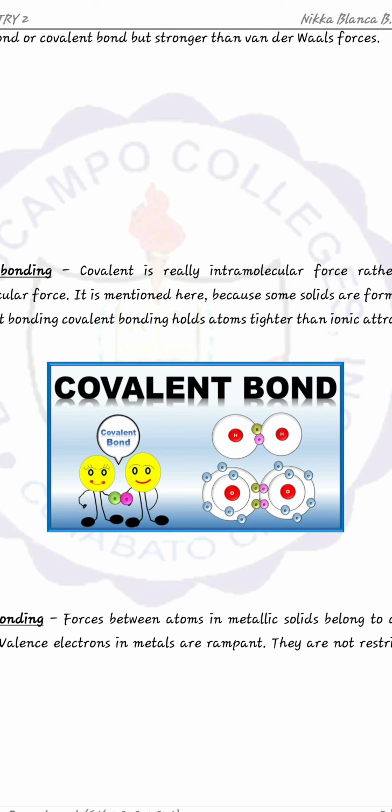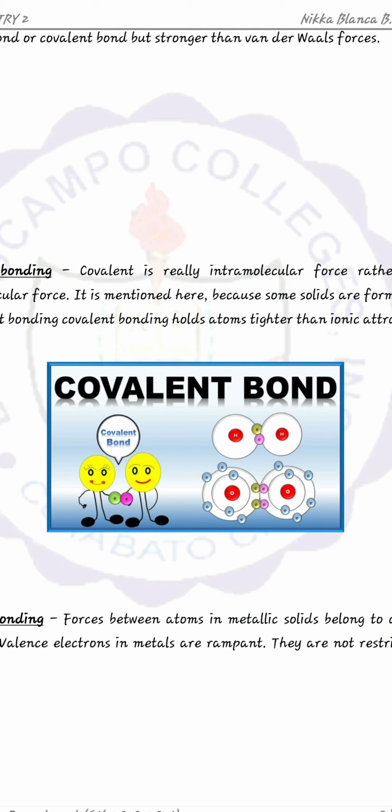So if we compare covalent bond to ionic bond, it is much tighter, to be exact, in the attraction or the forces between the bond, because covalent bond pertains to the sharing of electrons, while in ionic attraction it pertains to the lattice energy of each element. Always remember that covalent bonding holds atoms tighter than ionic attraction.